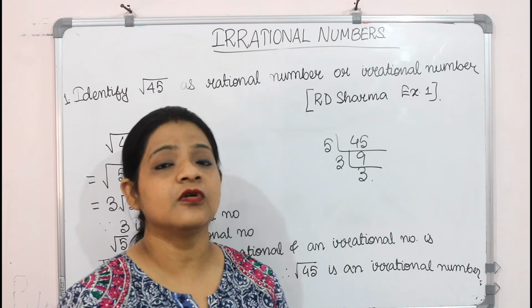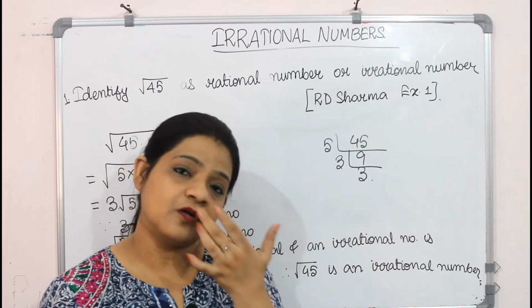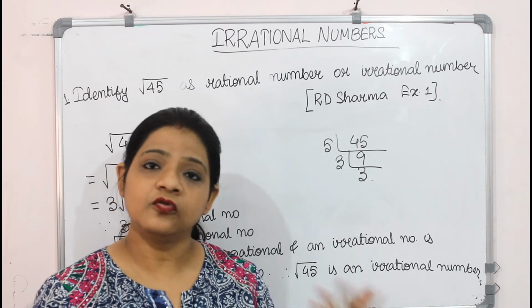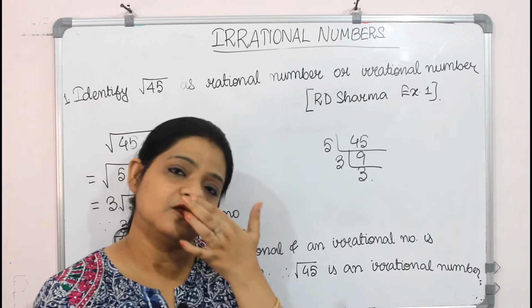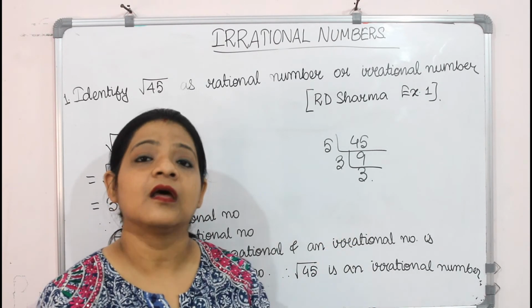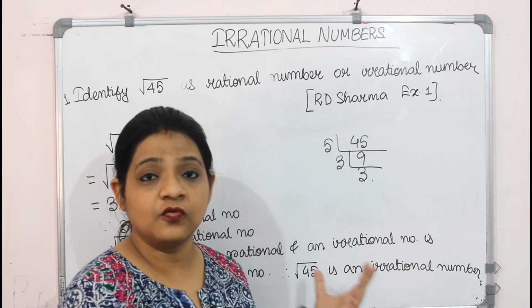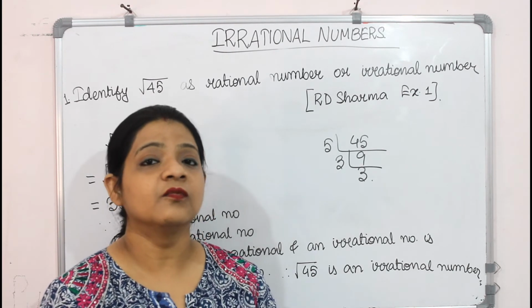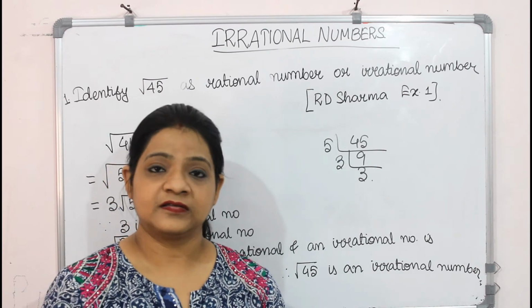You should not make mistakes in this sort of sum, because irrational numbers are very easy. So let's move to another type of sum.